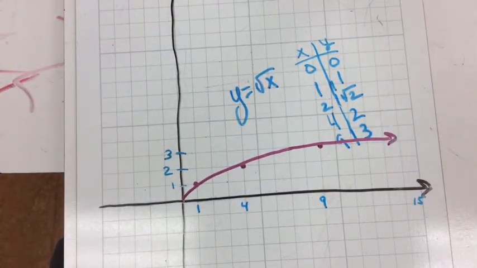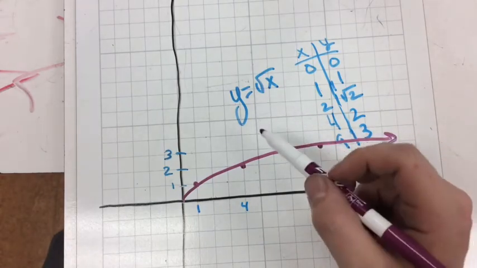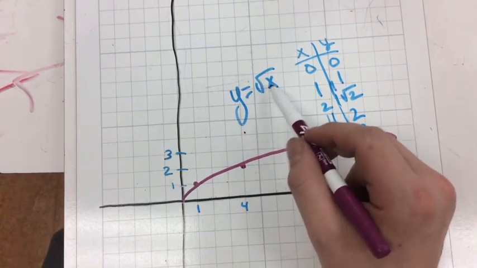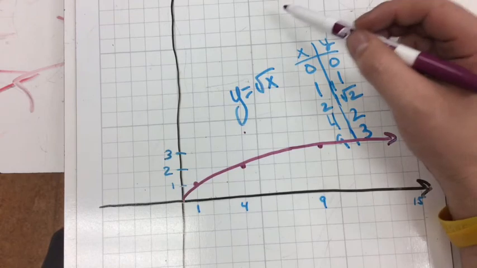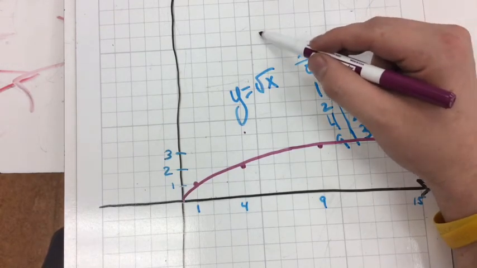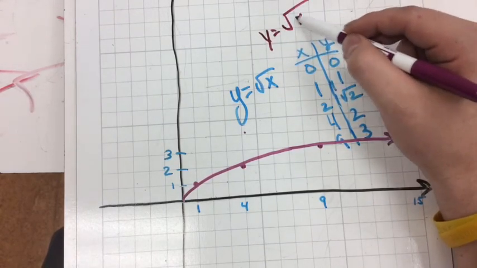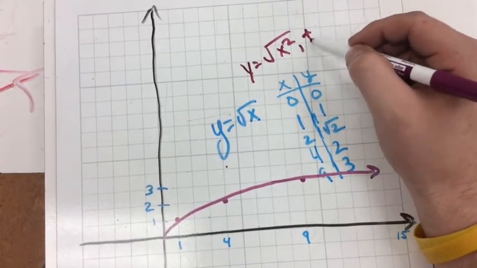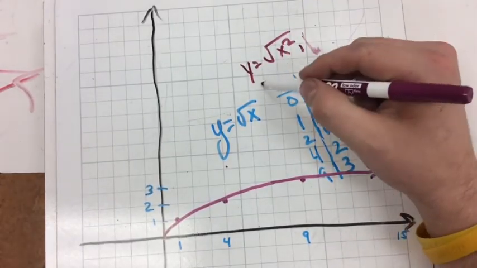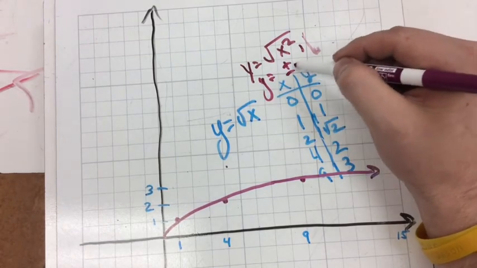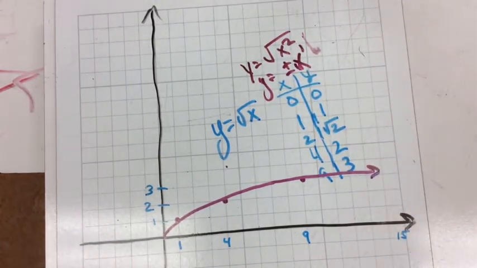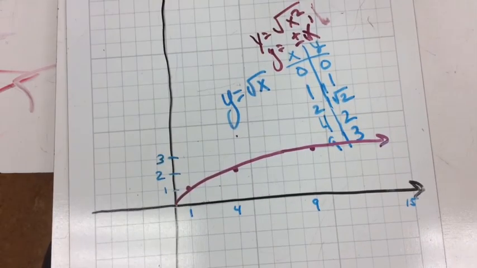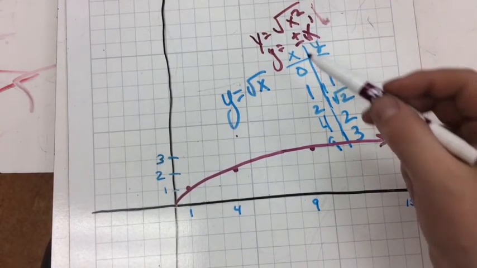Okay, last thing I want to talk about is that maybe you've been taught that if we had y equals x squared, this would come out to be y equals plus or minus x. Maybe you've learned that in the past. However, we need to completely ignore the negative answer.